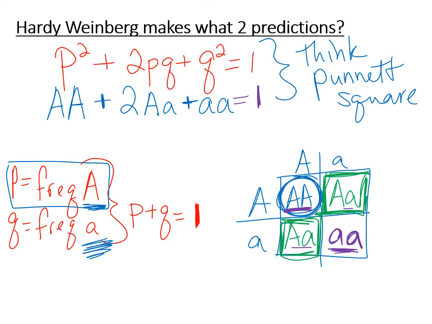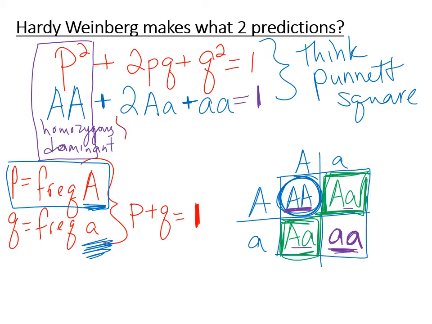P squared is homozygous dominant. Sorry, that was very sloppy handwriting. Then our second one is the hybrid genotype. And our third one is the homozygous recessive.